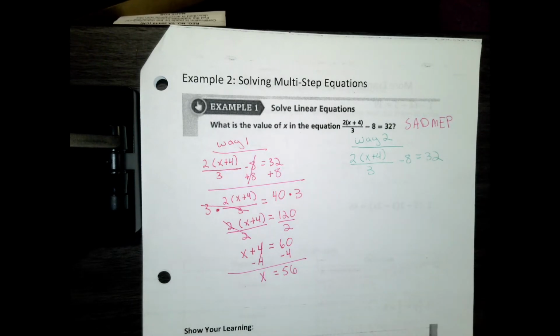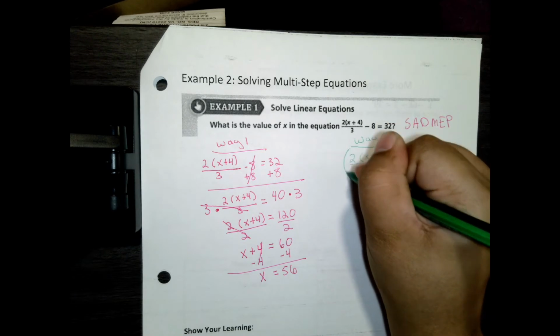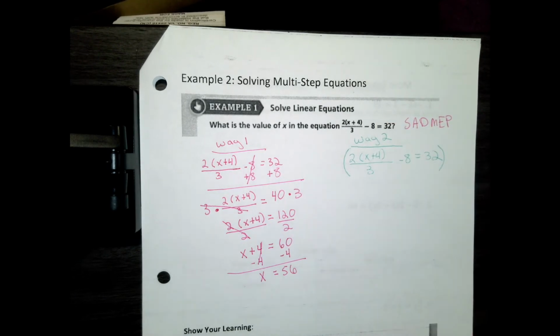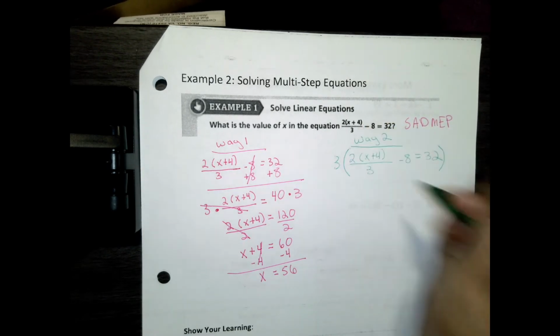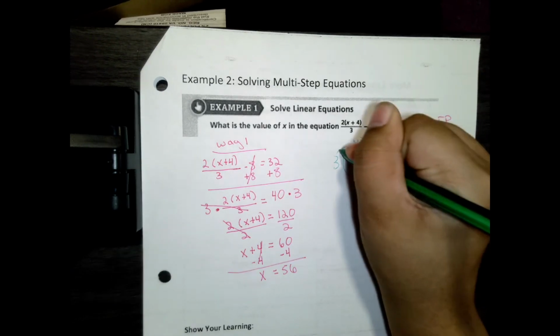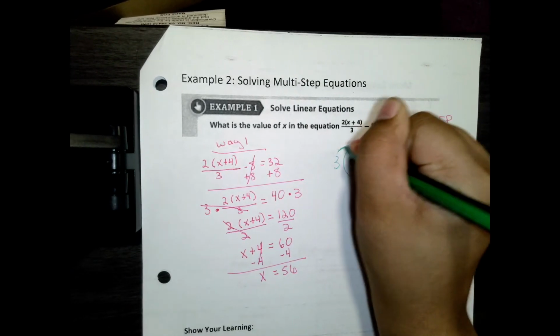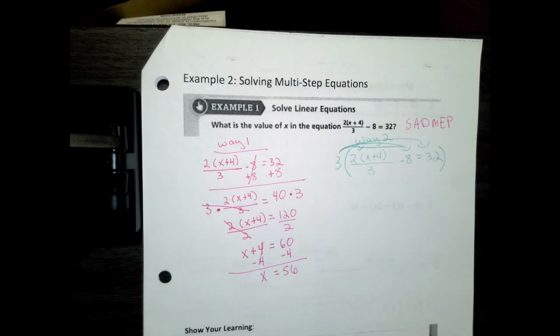Okay, we've rewritten the problem. If you ever want to get rid of a fraction, you want to multiply by the denominator all the way across. So we have this, and we want to multiply by 3 to every single part of the equation.